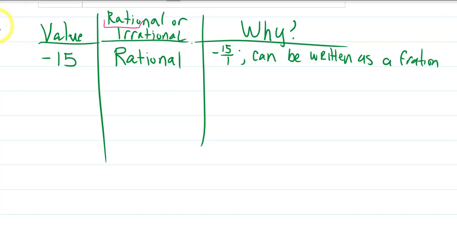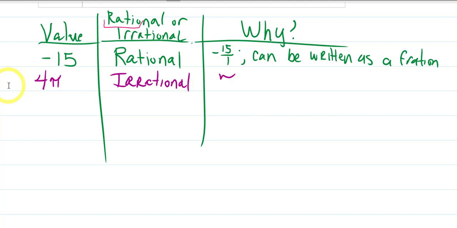If I show you the example of 4 pi, well, 4 is a rational number. I can turn that into a fraction. But if I multiply 4 times pi, which is an irrational number, I am going to get an irrational number. Okay?